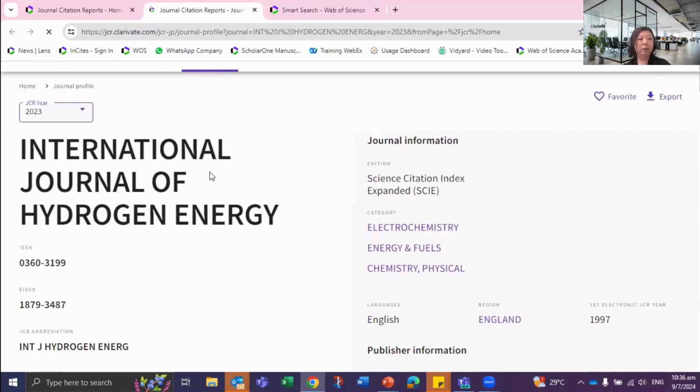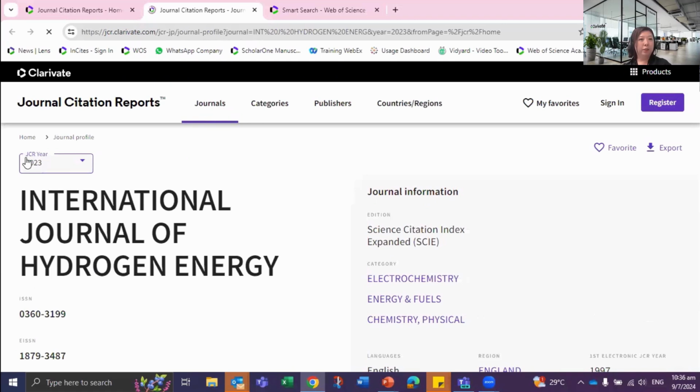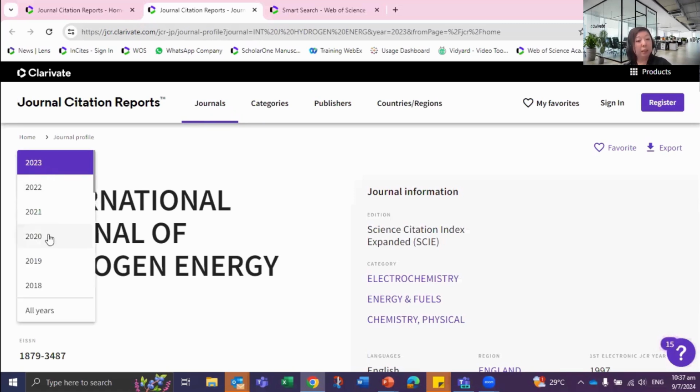You can check the JCR year. The latest one is 2023. So make sure that you see 2023 here. That means they are still currently receiving a journal impact factor. If you do not see 2023, but perhaps 2020, then potentially that journal might no longer be indexed in Web of Science, and you can only see data up to 2020.